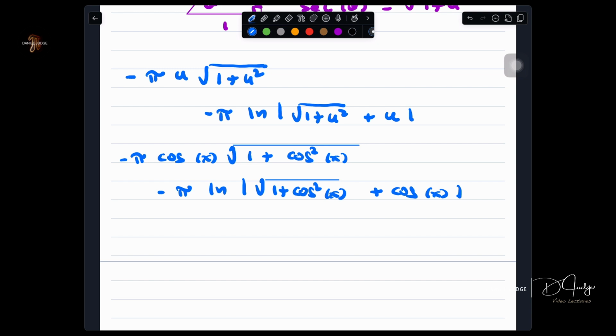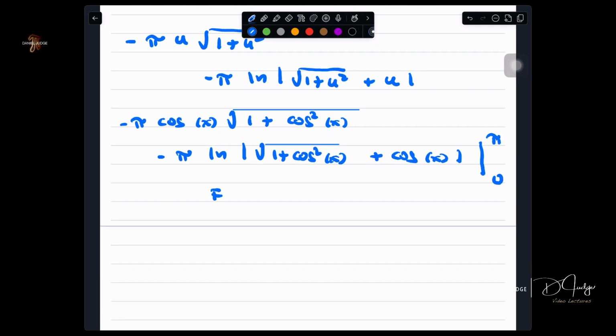Okay. So now we can evaluate this at the limits. I guess it was 0 to pi. So we'll have f of pi minus f of 0. So here you go.